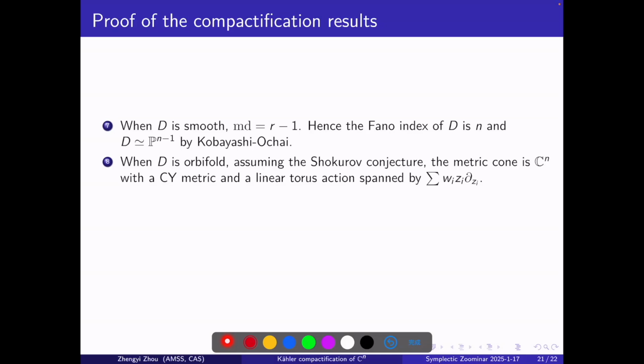And also, because it's the tangent cone of a Calabi-Yau metric, it's also Calabi-Yau. And moreover, it will have a linear torus action, which is generated by this Reeb flow. And there's a classification of this action with a fixed point in the center. It's always linear like this.